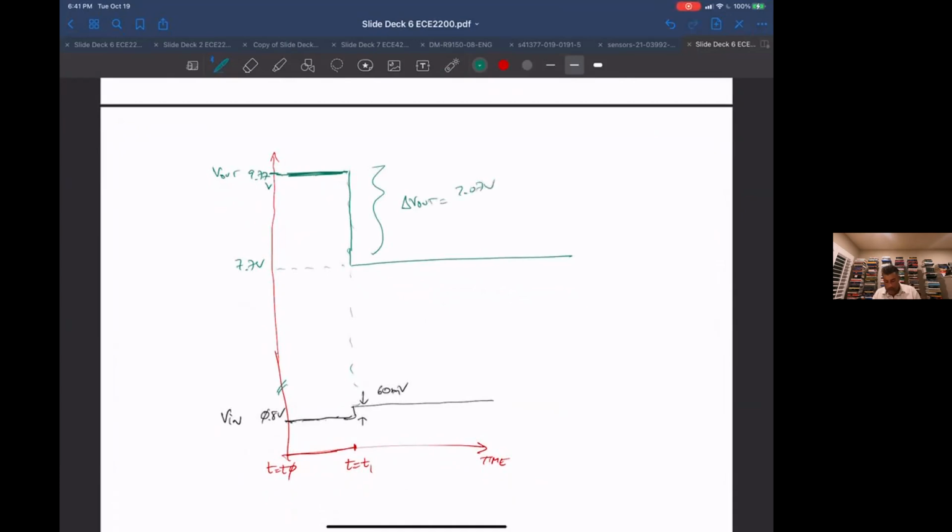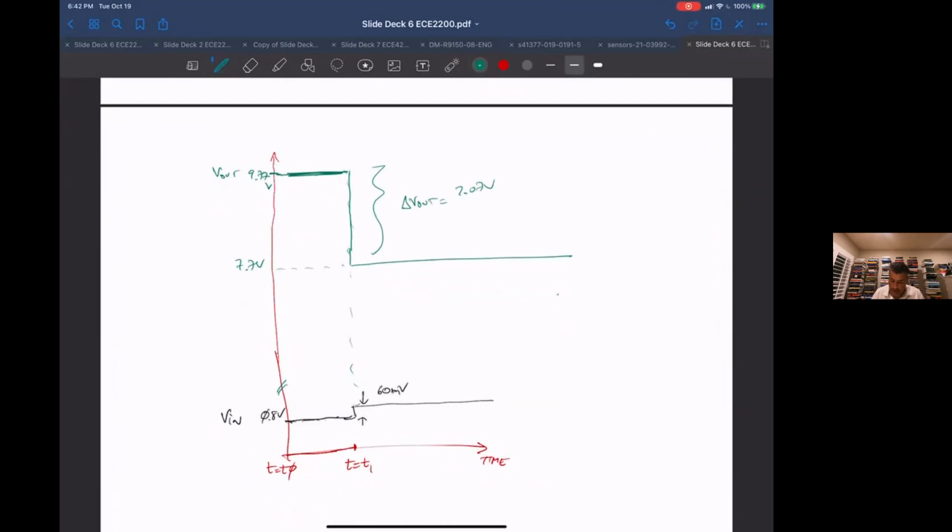The reason I decided to give you guys this example is because it helps me to think about the time change of circuits. And this is showing us a few different things. One is the gain of this circuit.